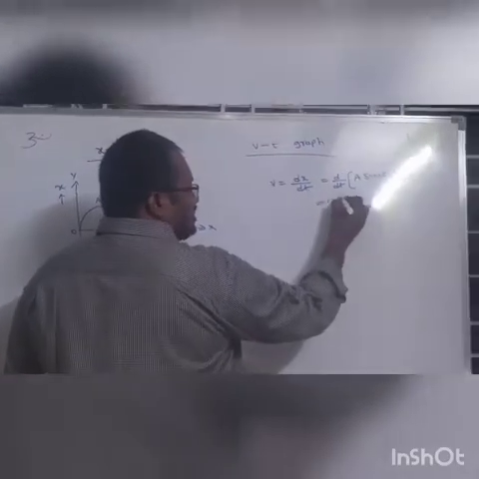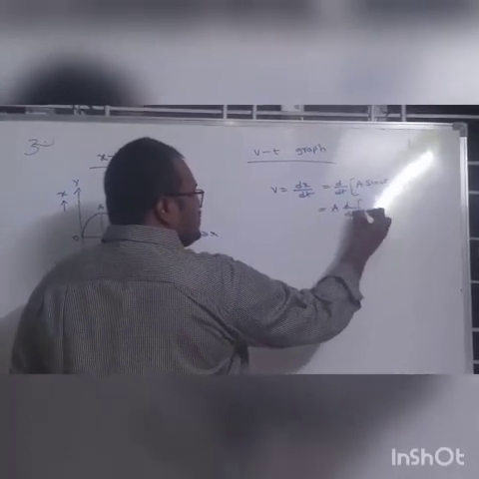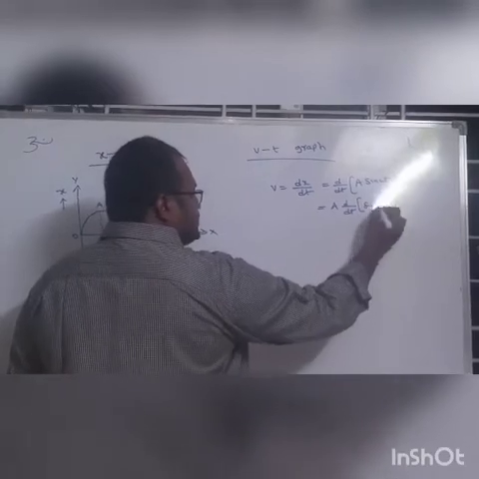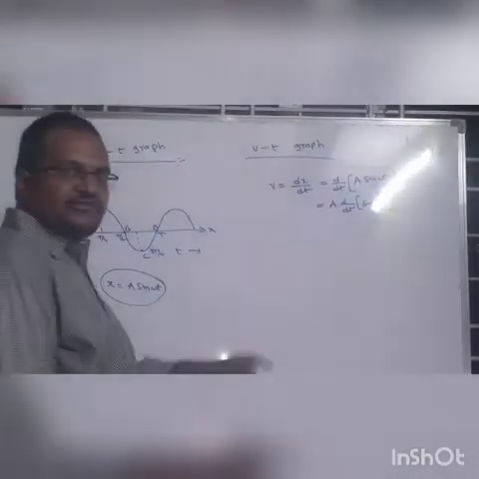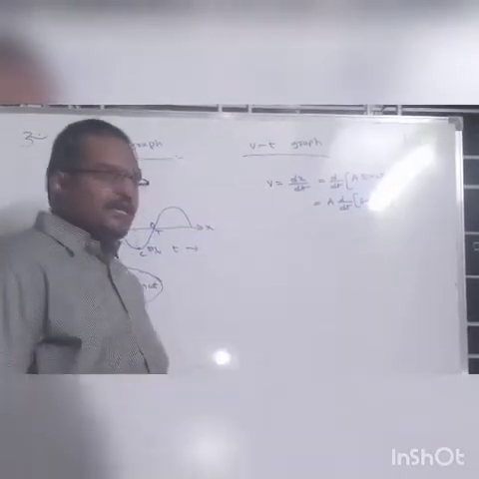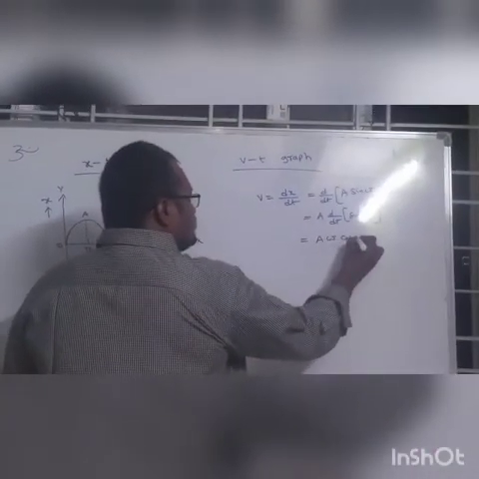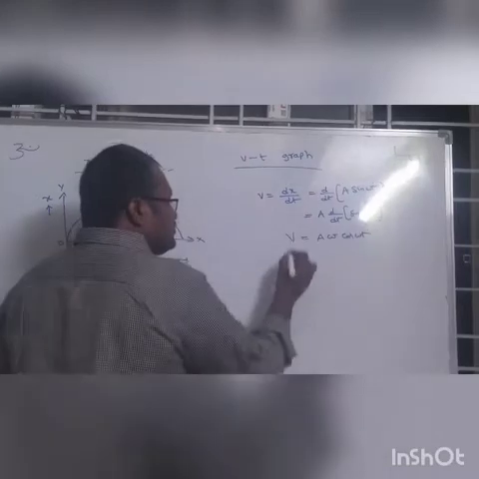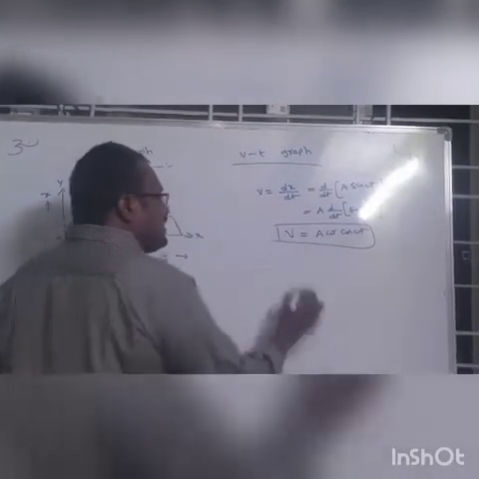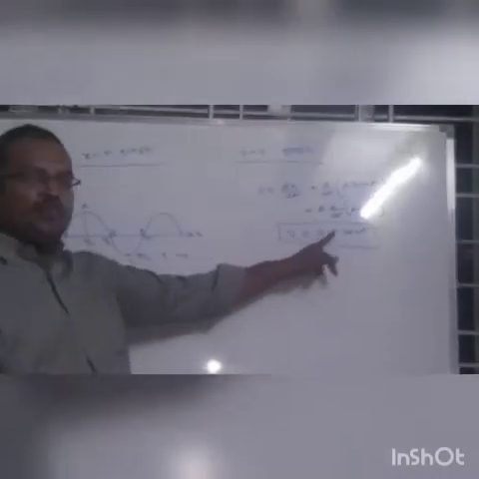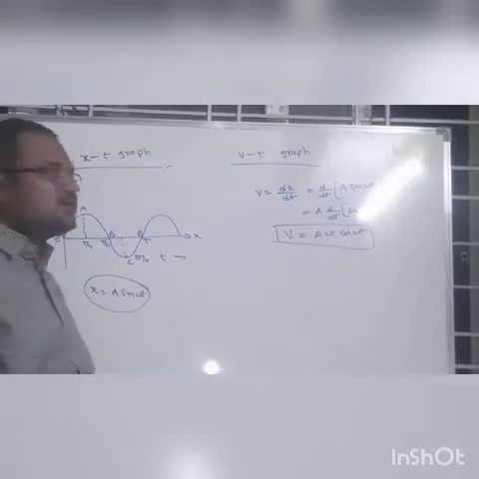A is constant, so A into d by dt of sin omega t. We know that d by dx of sin nx is n cos nx. So that is capital A into omega into cos omega t. This is the velocity of the particle in SHM: v equal to A omega cos omega t.